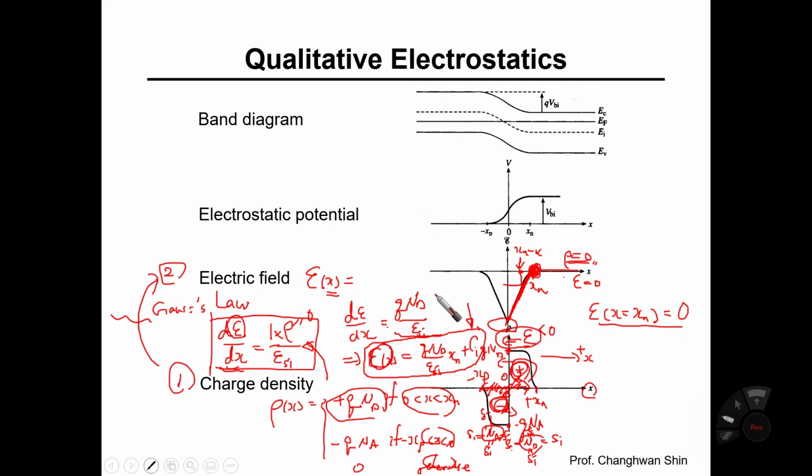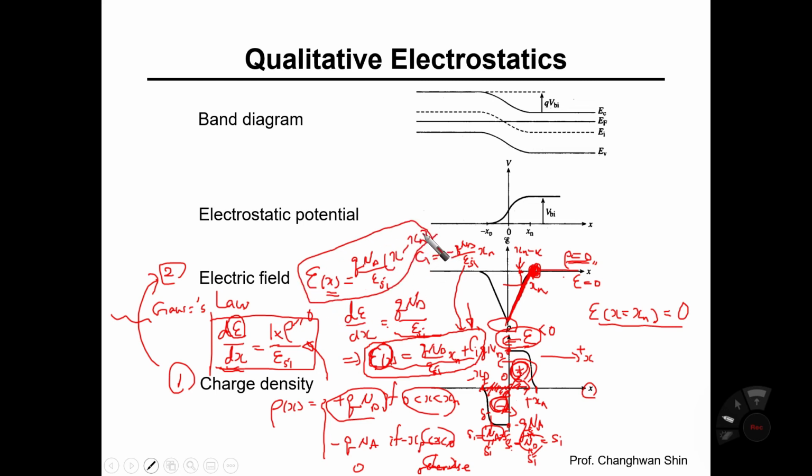Then C1 is equal to minus Q Nd over epsilon silicon times Xn. Plug this value back into the original equation. Then E of X is equal to Q Nd over epsilon silicon times (X minus Xn).